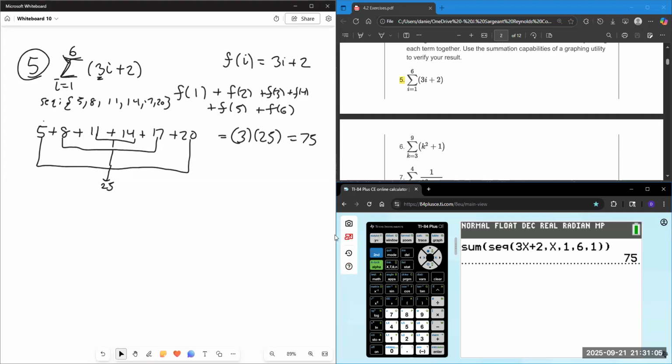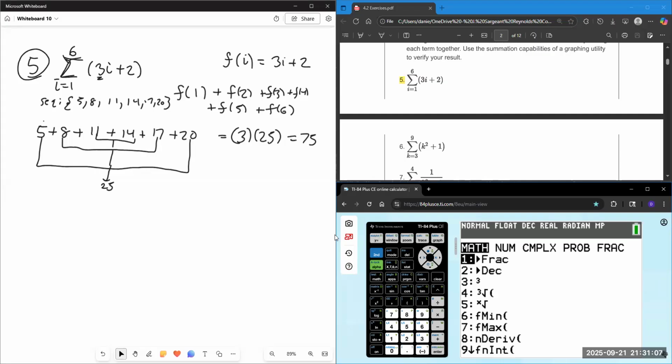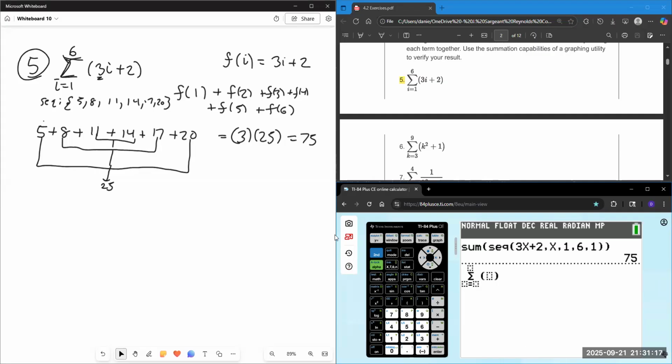Now, if I wanted to use sigma notation, I have to have a more advanced calculator, and it's in the math menu. If you have it, it's option 0 here, and you put in your index of x, start at 1, go up to your upper limit, which is 6, and then put in your expression in terms of x, 3x plus 2, and you get your answer of 75 as well. Try to confirm our answers when we can here with the calculator.